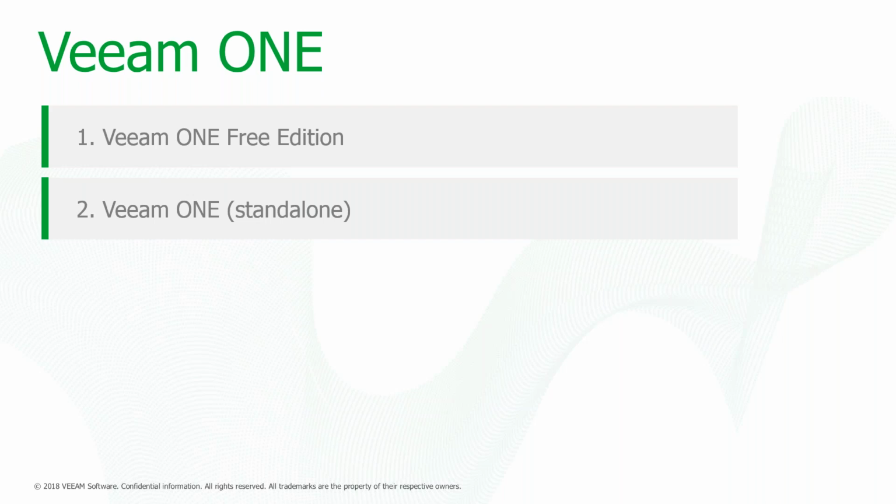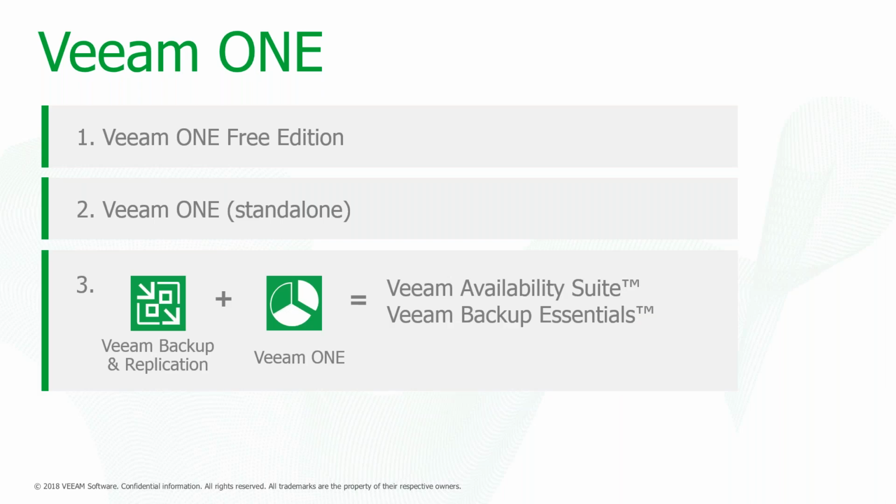That is Veeam ONE in a licensed state, but not with any other product, giving you full monitoring, reporting, and capacity planning. But more often than not, we see Veeam ONE inside our Veeam Availability Suite, the bundling of our flagship product, Veeam Backup and Replication, and Veeam ONE together. It's also available in a product you may have heard of, Veeam Backup Essentials.